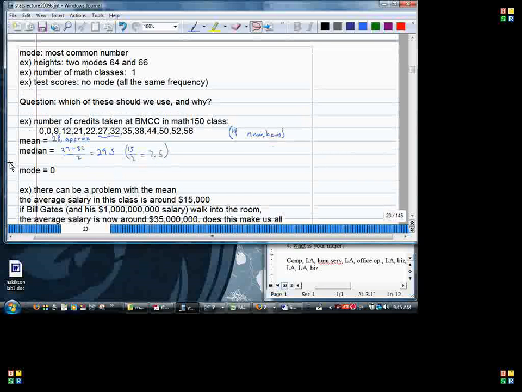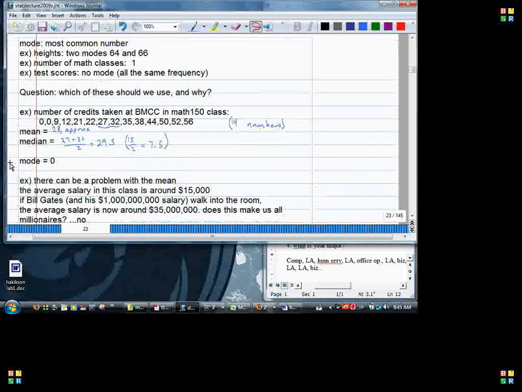The average salary is now $35 million. So my question is, does this make us all millionaires? Clearly not. That's basically a point to show us that the average can be misleading for this reason.